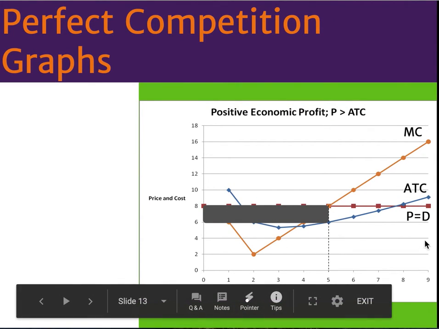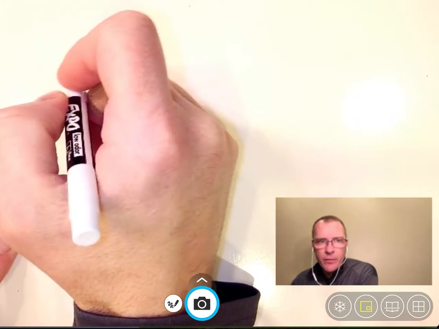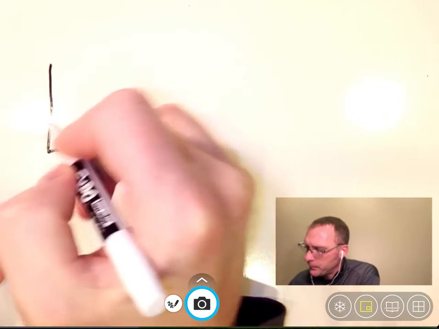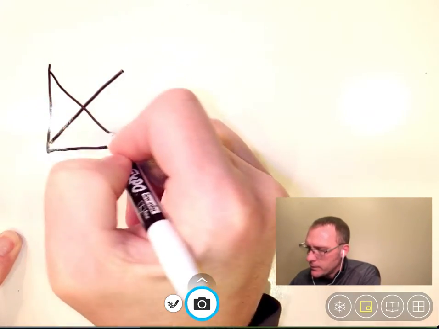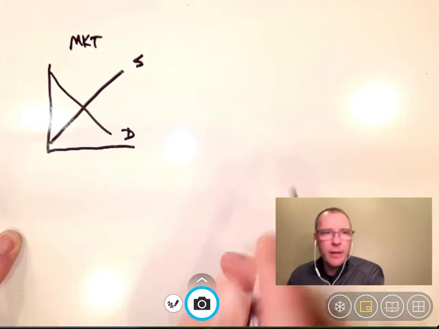All right, so where do we get that from? When we're looking at graphing a marginal revenue, marginal cost, average total cost, all those different graphs, where do those come from? Well, the first thing that you have to look at is a regular old supply and demand curve. So this is the market, supply and demand in the market for my product.